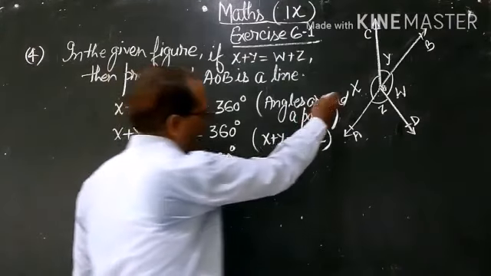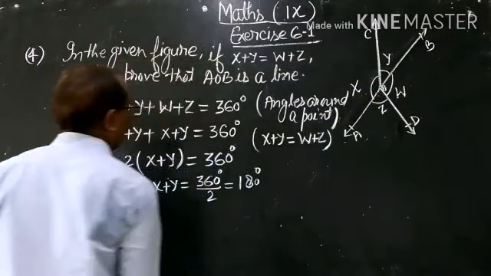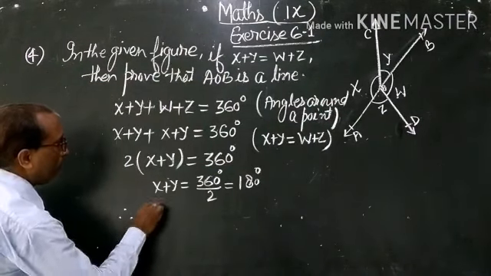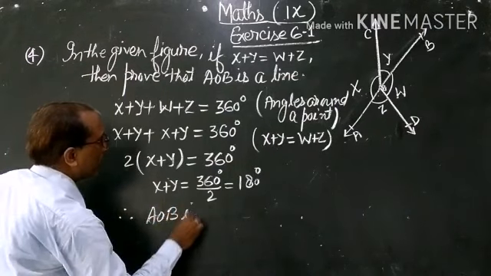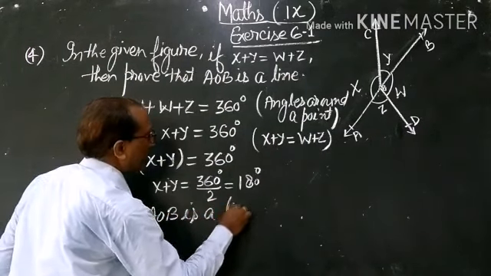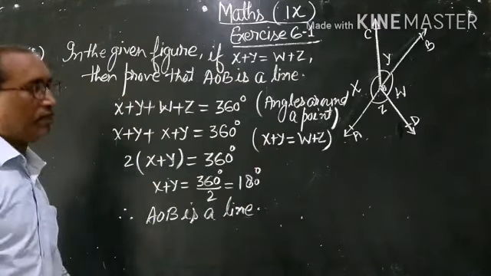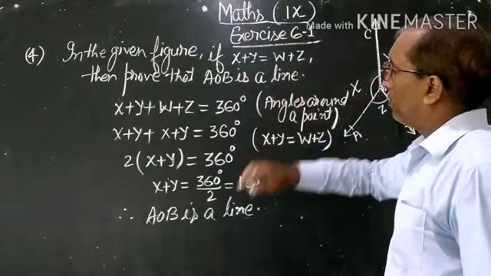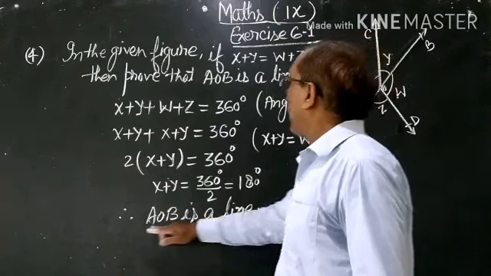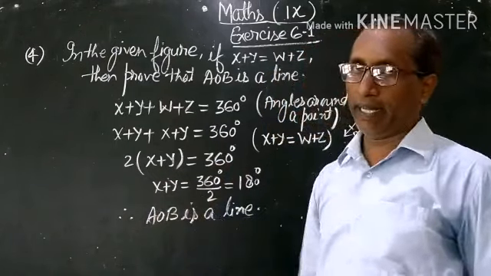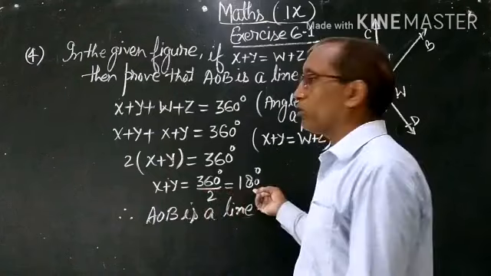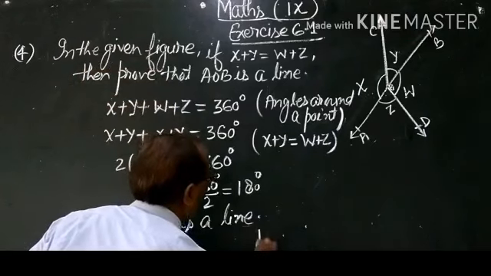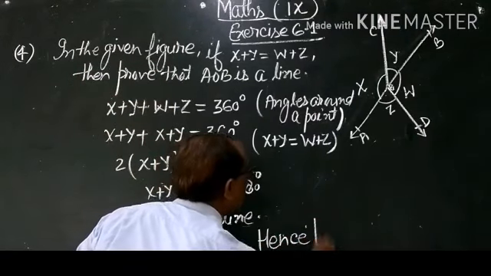When x plus y is equal to 180 degree, therefore AOB is a line by the property of straight line. We are able to write here AOB is a line because x plus y is equal to 180 degree. Hence proved.